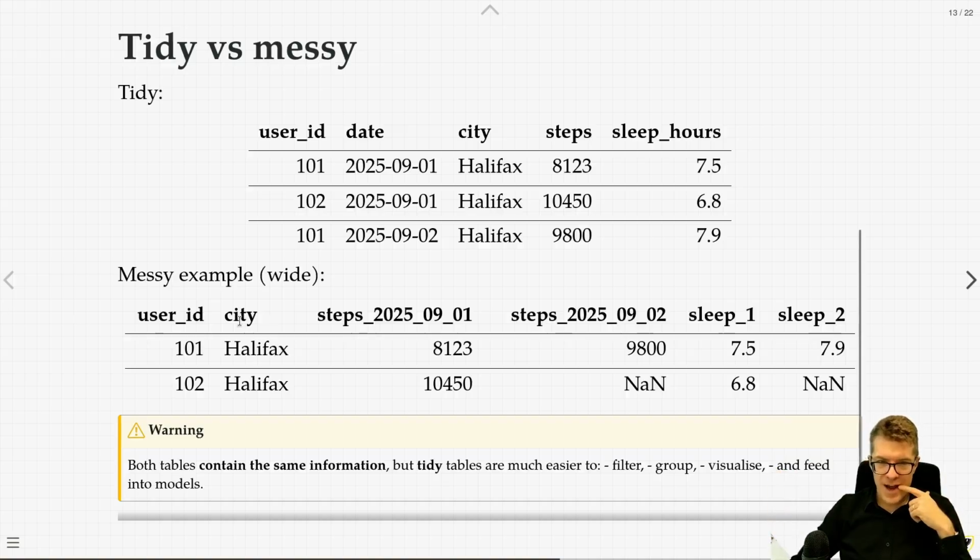So one column is going to be just the steps taken on September 1st for all of my users. Another column is going to be the steps taken on September 2nd for all of my users. I get another column, all the sleep for the first measurement, all the sleep for the second measurement, and so on.